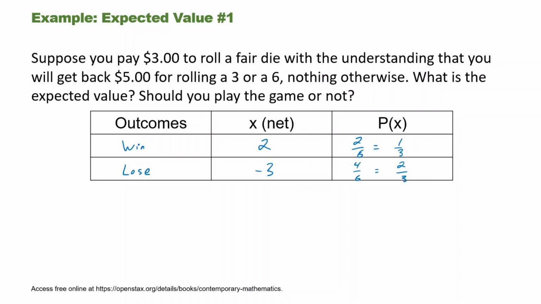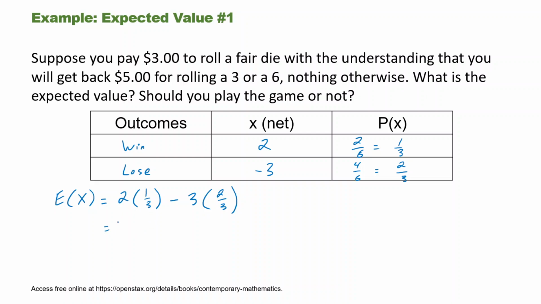But if there are 3, then I might actually repeat that process 3 times and find all the products and then add those up together. So my calculation for expected value, E of X, is 2 times 1/3 minus 3 times 2/3. And I'm using a minus instead of an addition there because I lost money in that case.